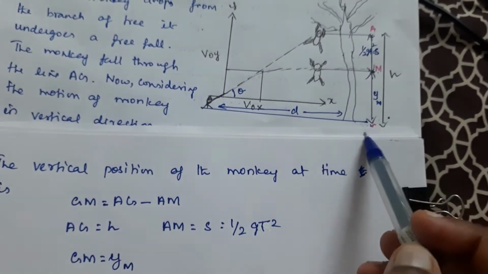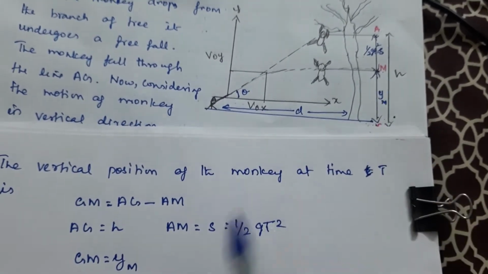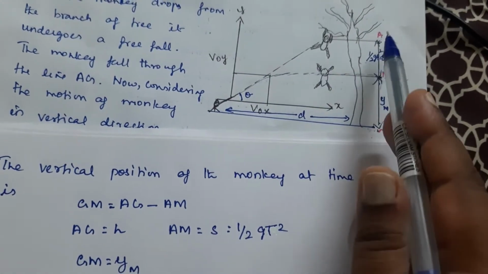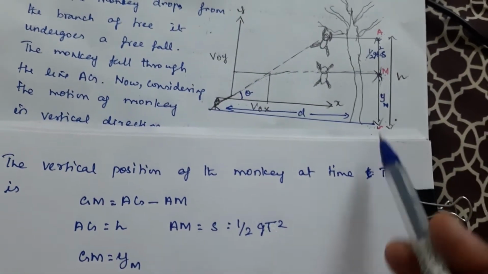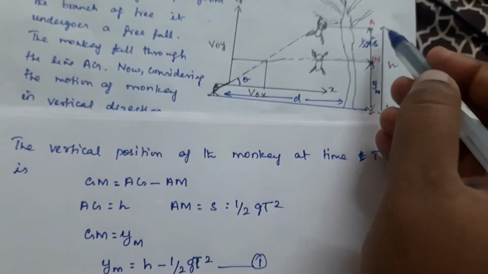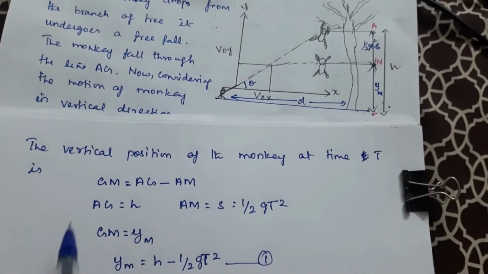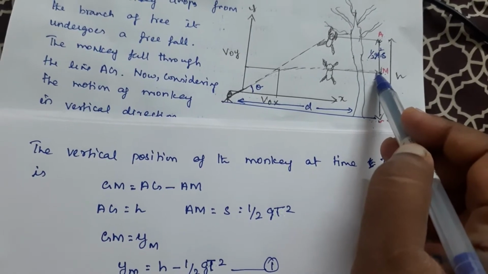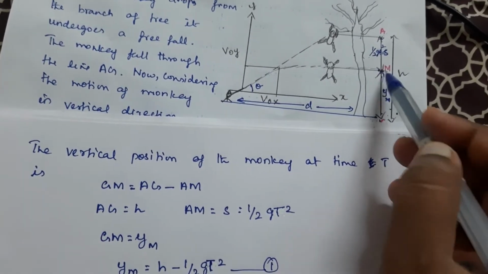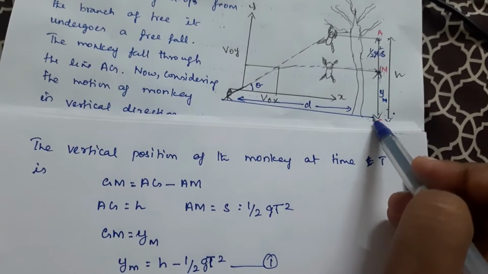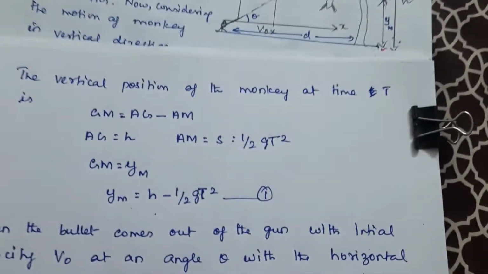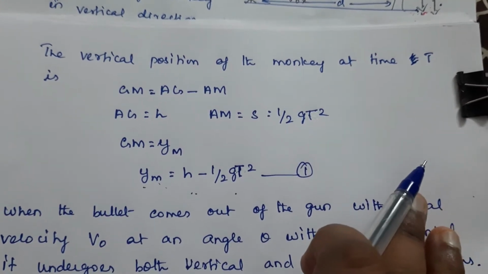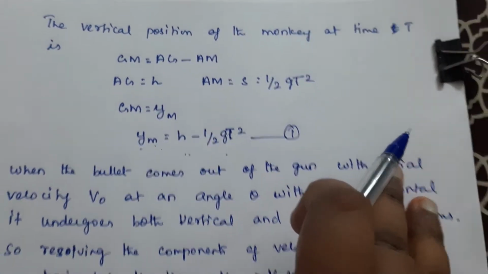GM is equal to AG minus AM. We know AG is h. AM is half gt square, that is the distance traveled by the monkey. And GM is the position of the monkey from the ground, that is ym. So ym is h minus half gt square.